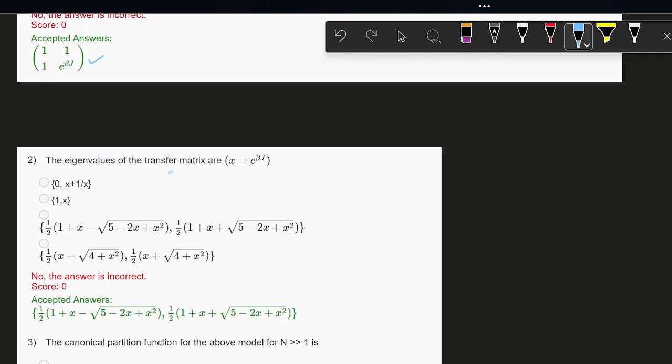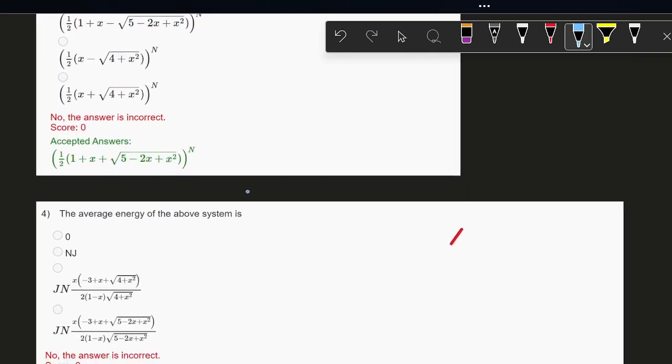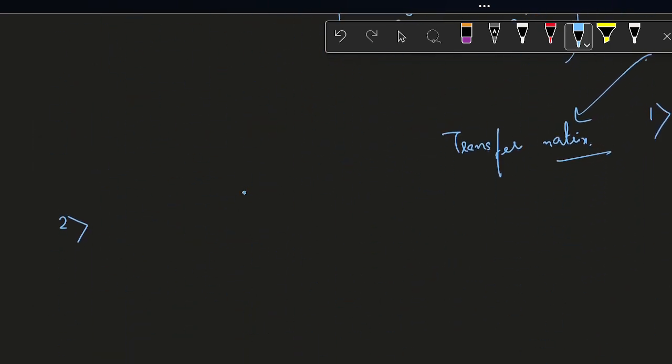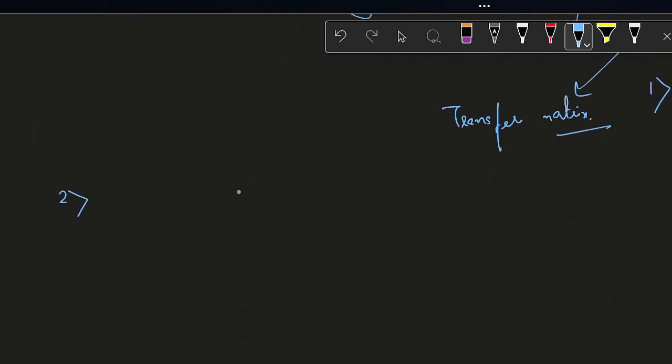Then the eigenvalues of the transfer matrix are asked, where for simplicity e to the power beta J has been denoted as x. So simple: you have to get the eigenvalues and replace e to the power beta J with x.